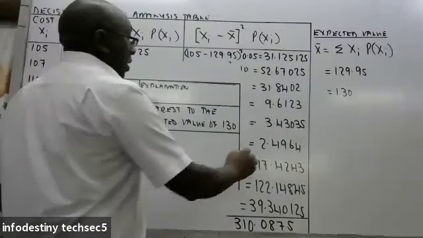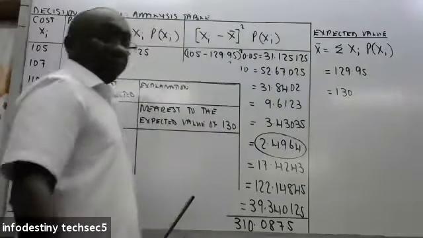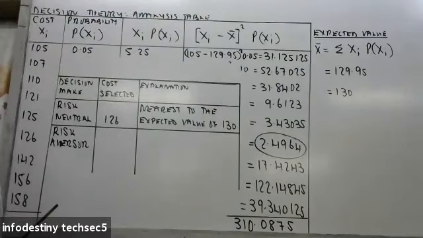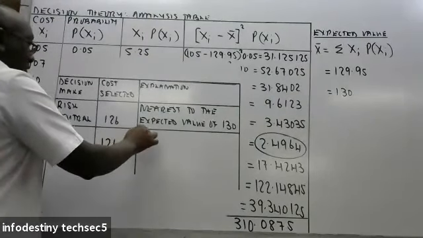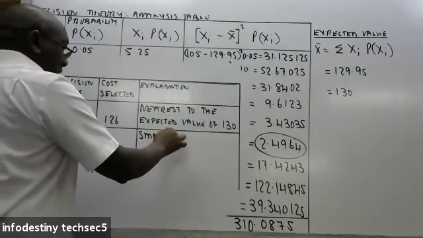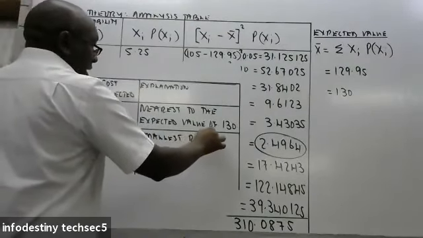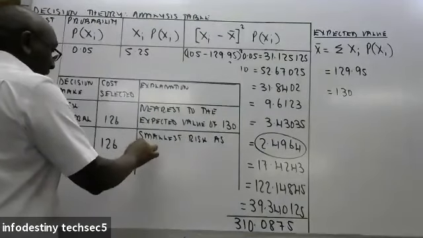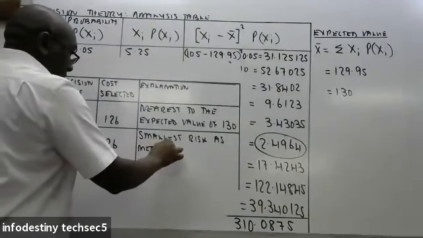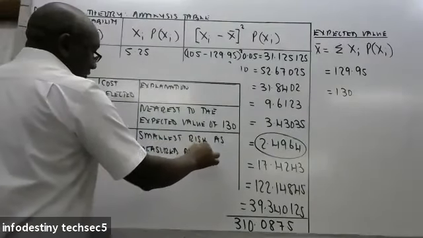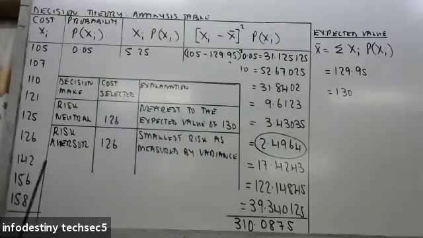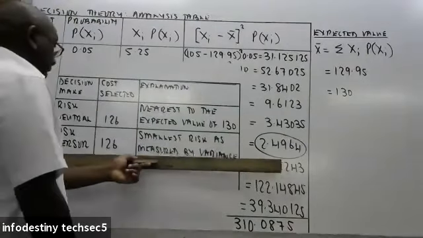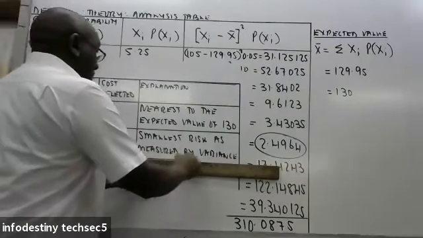And the smallest is this one, the 2.4. So that one is corresponding to the price of 126. So you still take 126 because it has the smallest risk as measured by variance.